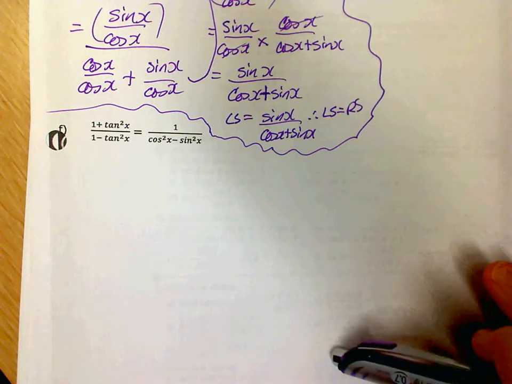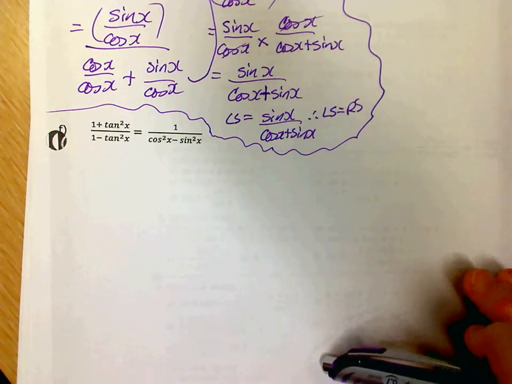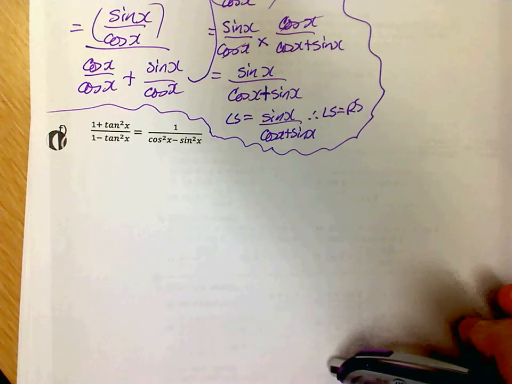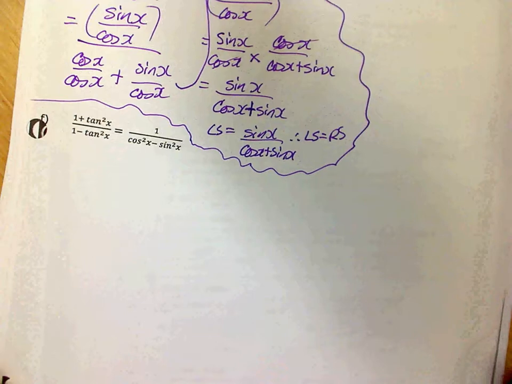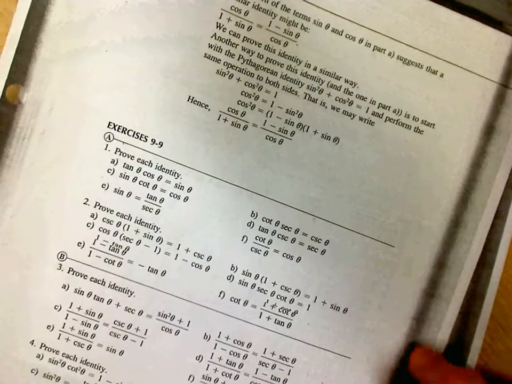I'm going to do H with you because H is a tricky one, and I'm then going to walk around and help you out on some of these. There's a trick here.